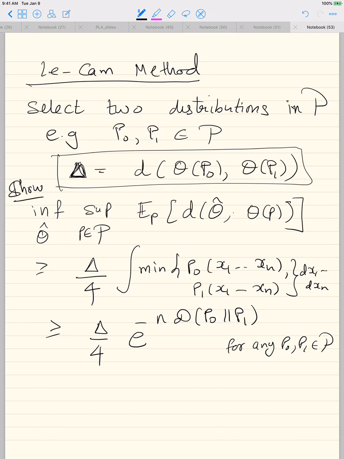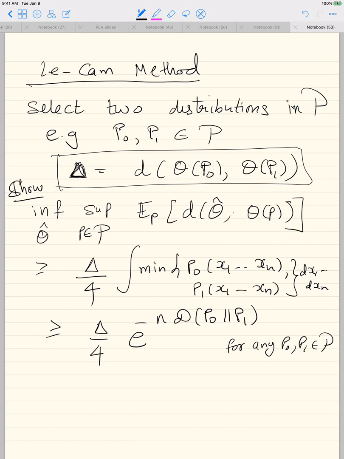If you make them too far apart, then this quantity will increase, but then this will decrease exponentially with n. So there is a tension in choosing P0 and P1. You cannot make them very close because that will have a problem here. We cannot make them too far because that will have a problem in the exponent.